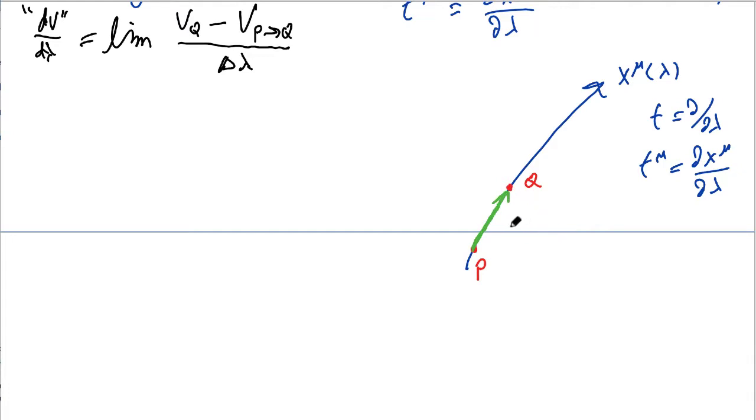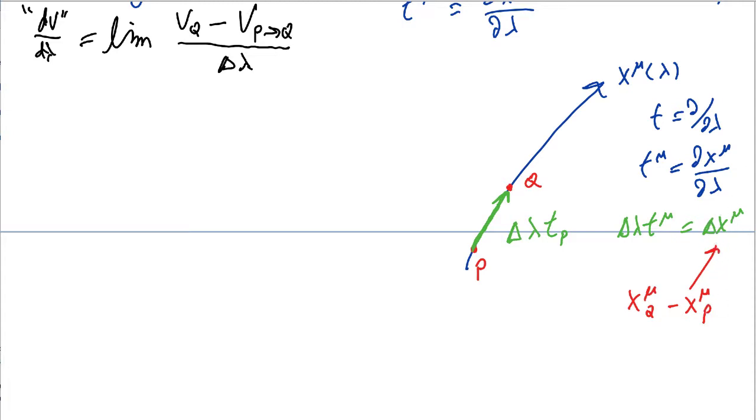And this is the vector delta lambda times t at point P. So in other words, this is the vector with components delta lambda t mu, which, from this equation writing partial x with respect to lambda as delta x over delta lambda, we see that the components of this vector are just delta x mu, where for this vector, delta x mu is the coordinates of point Q minus the coordinates of point P. That's the delta x here.